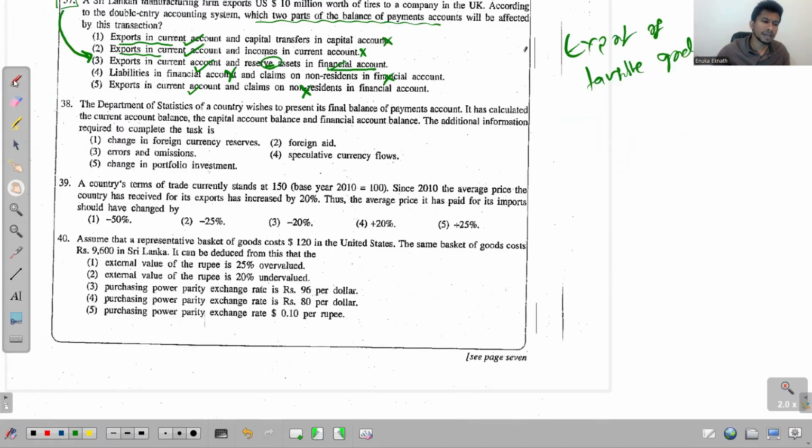Right, come to this question 38. The Department of Statistics of a country wishes to present its final balance of payments account. It has calculated the current account balance, the capital account balance and the financial account balance. The additional information required to complete the task lies here in this balance of payment.